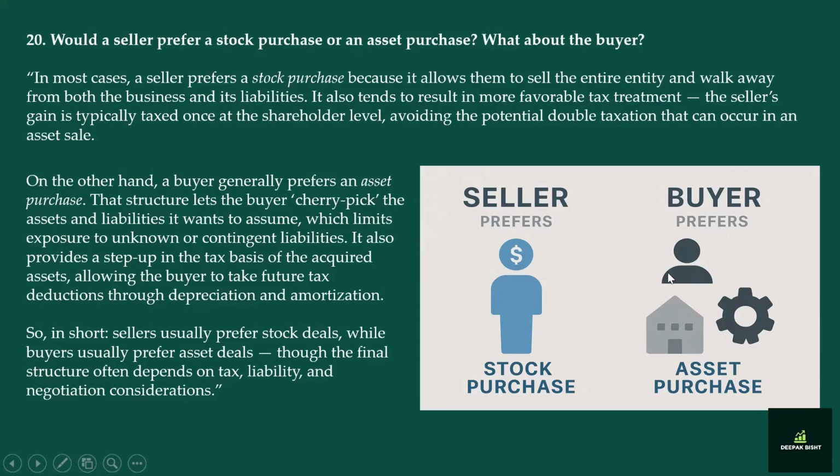When the buyer buys the assets, they get to record them at the new purchase price, known as a step up in tax basis. This means they can depreciate or amortize those assets, which reduces their future taxes. In a stock purchase deal, they don't get this benefit, so they cannot step up the tax basis. That's why a buyer will always prefer an asset purchase deal.